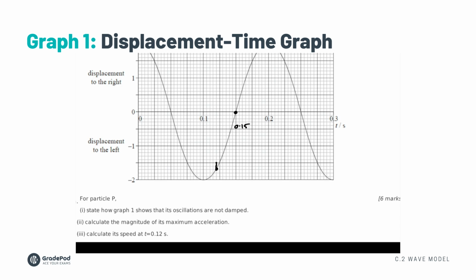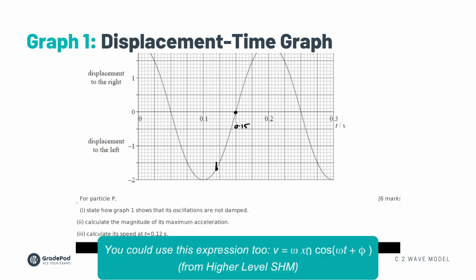We want to find the speed of particle P at that point. Now we need to find the gradient of the graph at that point. So what we do is we create a tangent to the line. This is an acceptable way of doing it. There are other mathematical ways of doing it, but this is an acceptable way of doing the question.